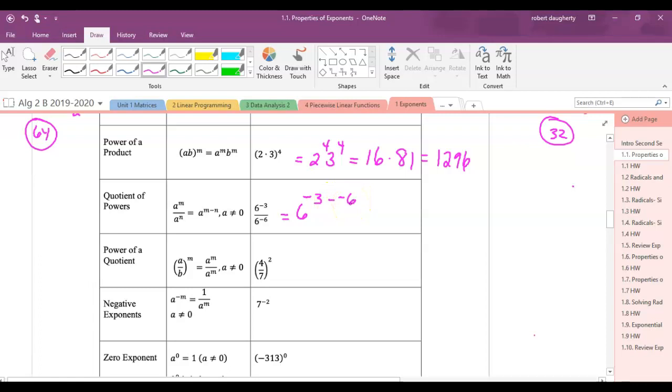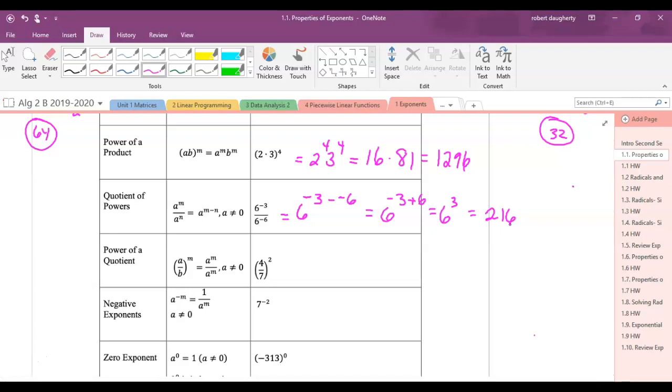What does it mean to say minus negative 6? That's plus 6. So this is 6 to the minus 3 plus 6. That's 6 cubed, which is 6 times 36. I'm going to have to turn my calculator on. Equals 216. There we go.